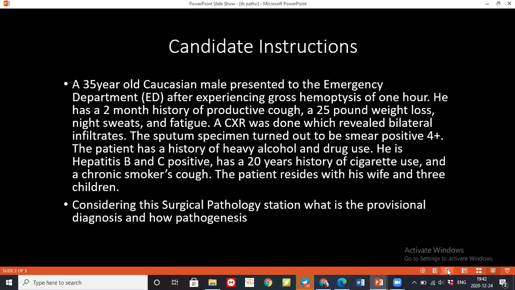For this patient, my provisional diagnosis will be, first of all, pathology of the chest, like cancer of the lungs.